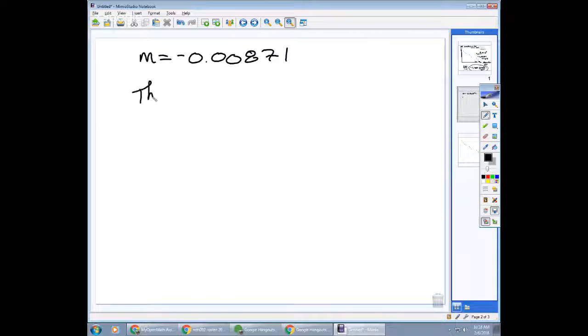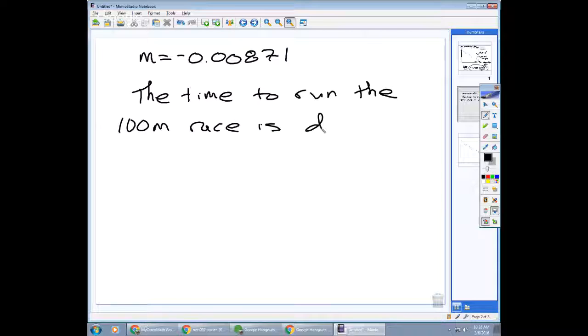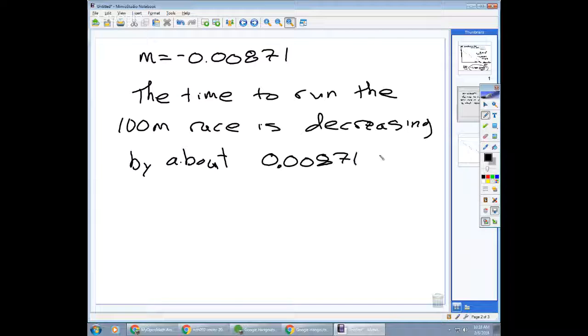So the time to run a 100-meter race is decreasing by about 0.00871 seconds each year.